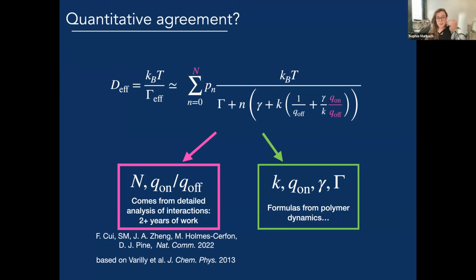Exactly. So the probability, for now, we took as an assumption that the probability to be in each of those states is determined by the ratio of rate of being bound and being unbound. So for example, if you have just a two-state model, it would be the ratio between Q on over Q on plus Q off. And we know Q on from standard chemistry kinetics, but the ratio of Q on over Q off is much harder to measure because it depends on the temperature, the landscape of things.